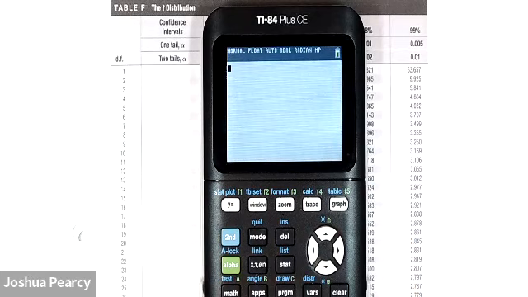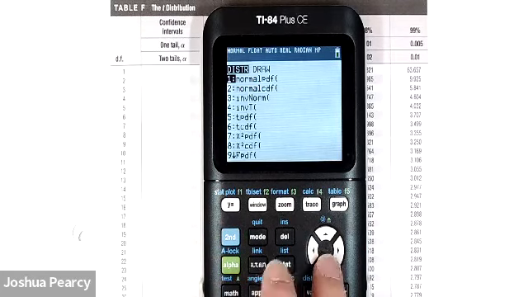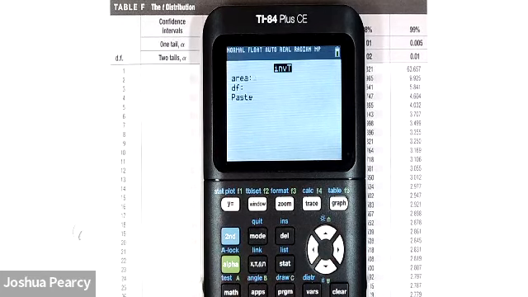You enter the area to the left, and then the sample size minus 1, so the degrees of freedom, if I remember right. Inverse t, you enter the area. So in this case, it automatically takes the area to the left.